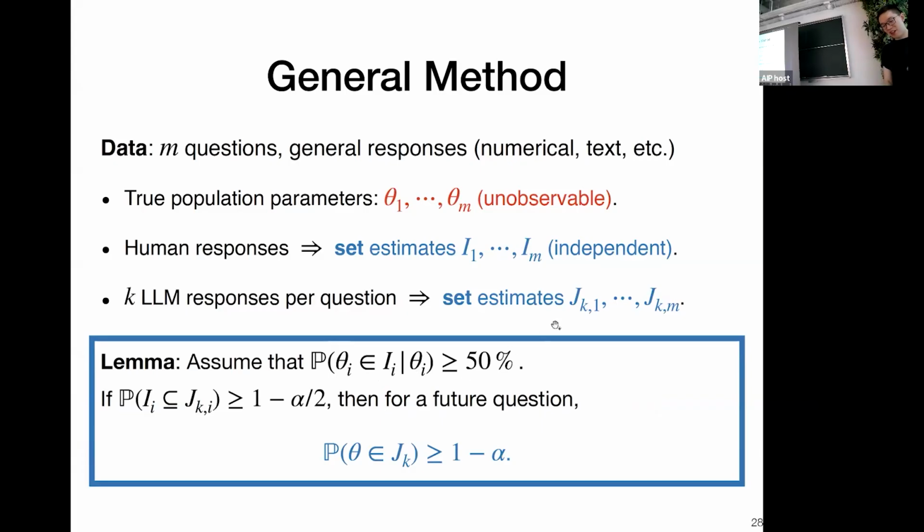I want my synthetic interval to cover the real one with 1 minus alpha over 2 probability. Then, if I use this sample size for future questions, I can show my synthetic interval can cover the true parameter with desired nominal 1 minus alpha coverage.